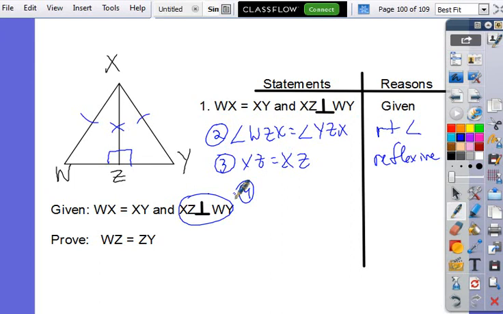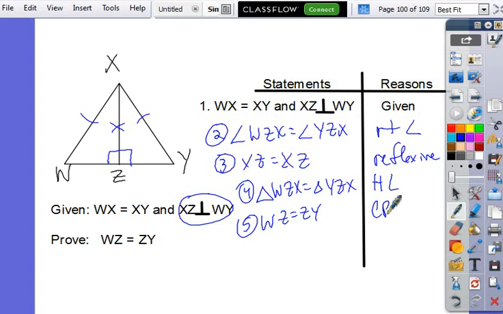Triangle WZX equals triangle YZX, which is HL, hypotenuse leg. So now I've got my triangles being the same, so I can say WZ equals ZY because of CPCTC.